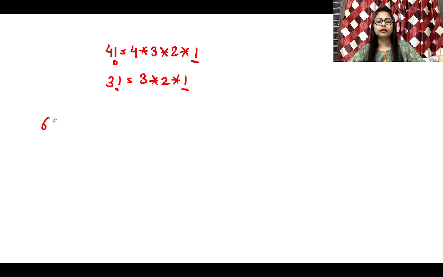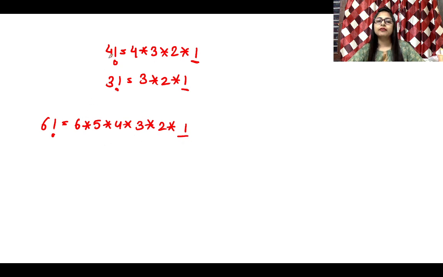If I talk about 6 factorial, let's take a larger number. What is 6 factorial? 6 into 5 into 4 into 3 into 2 into 1. Same thing: I started with the same number 6 and decremented it by 1 up to 1.